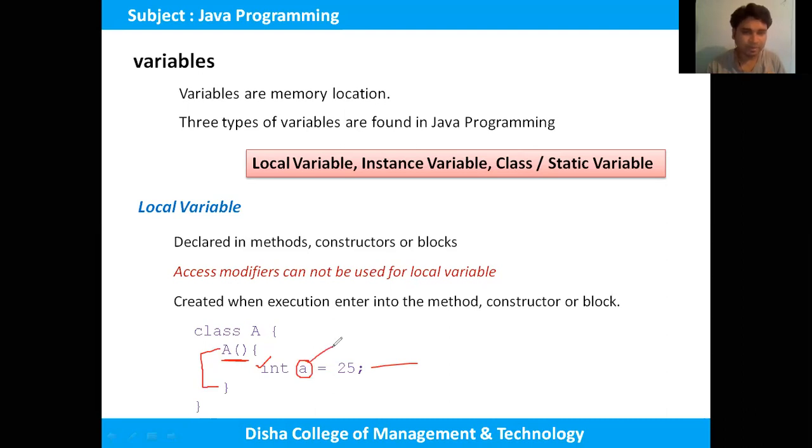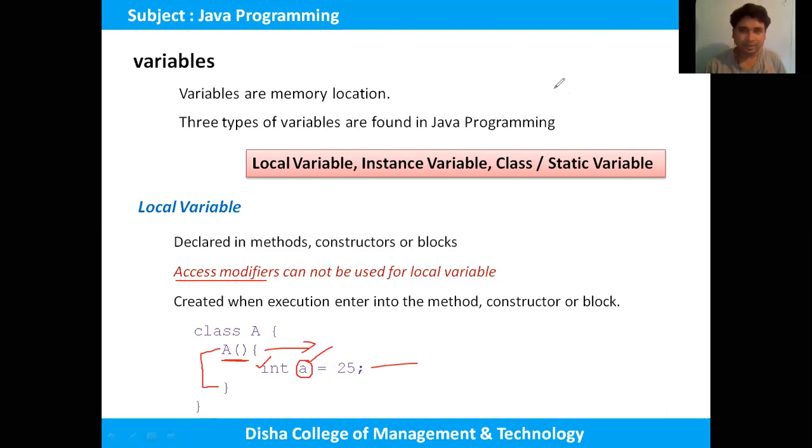We cannot use access modifiers with that local variable. This variable is created when the constructor starts to execute, only at that time.